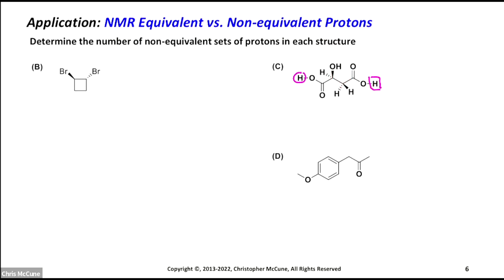Those are homotopic hydrogens. If you go here, you have two different sets of hydrogens: one on the carbon and one on the OH. So we're going to give those their own shape. Okay, and now the real question is, also notice here that you have a stereocenter present already in the molecule.